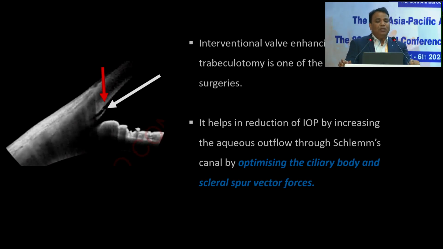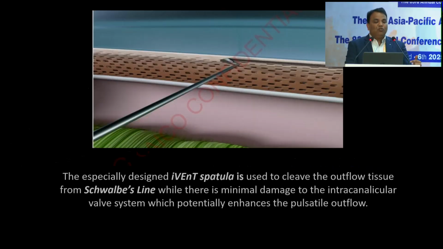It helps reduce IOP by enhancing aqueous outflow through Schlemm's canal by optimizing the ciliary body and scleral spur vector forces. What we thought is that there is a pulsatile outflow in the channel behind the trabecular meshwork and Schlemm's canal, as madam was talking about how the uniaxial flow is there. The flow is there because some valvular mechanism is there, and the pulsatile flow goes through those valves.